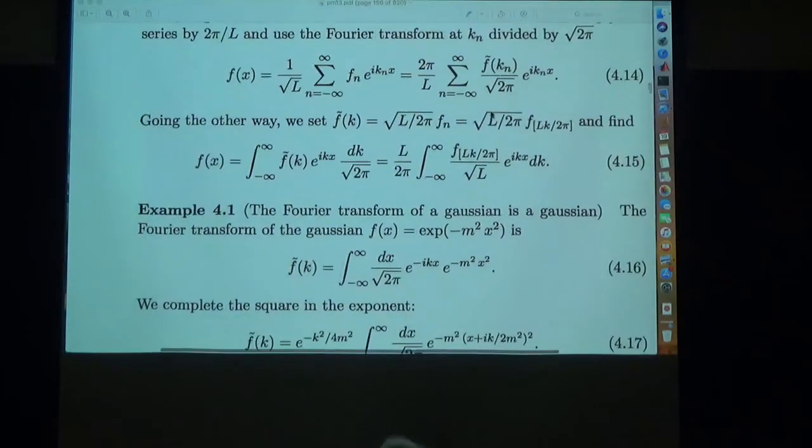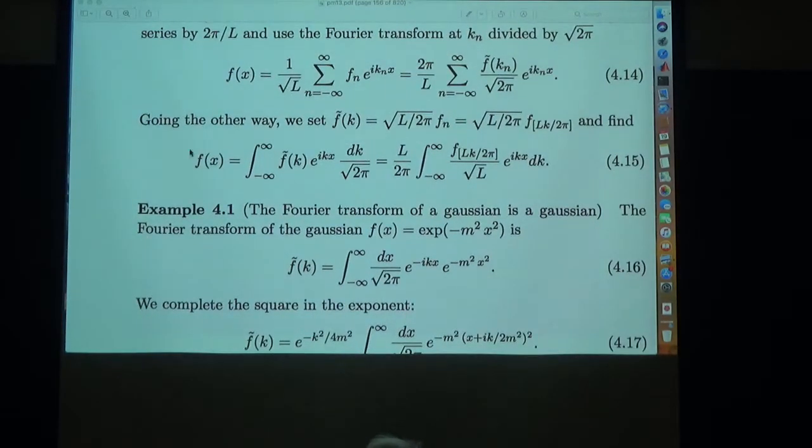And going the other way, if you have the Fourier series variables, you can write the function as the integral of its Fourier transform, and as the Fourier transform, you use the Fourier series variable evaluated this way, and then you stick in the capital L and the square root of L and so forth. Okay, any questions?